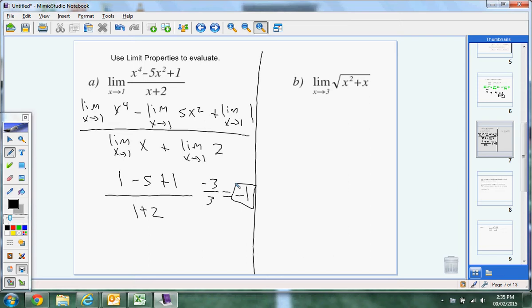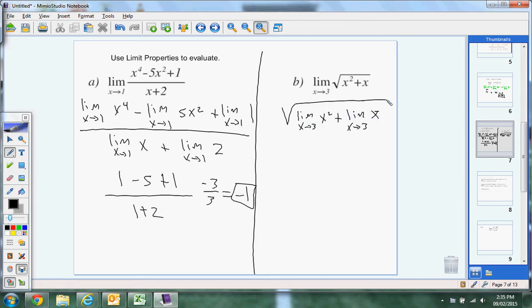Okay, so how do the properties work for radicals? What's that? Right, they can't be negative, but in terms of the properties for limits, all we do is we just take the limit of the inside. So we do this. Limit as x approaches 3 of x squared plus limit as x approaches 3 of x.